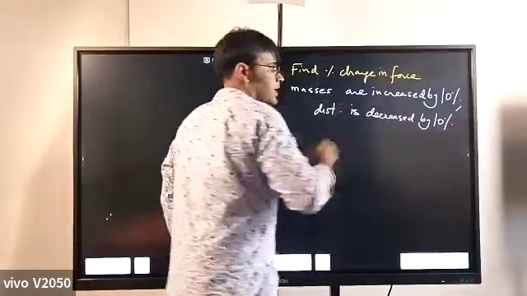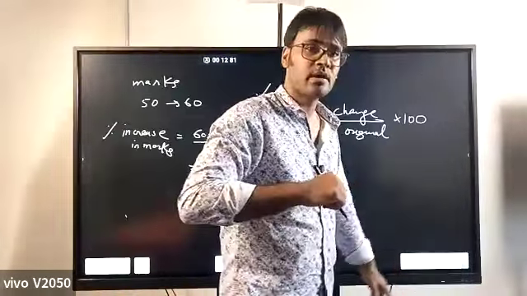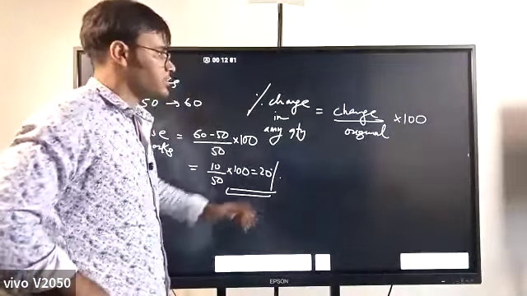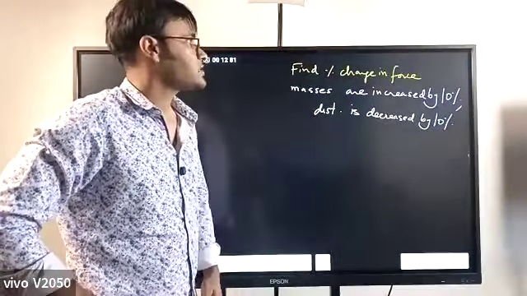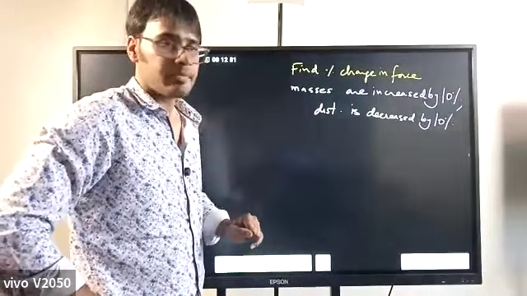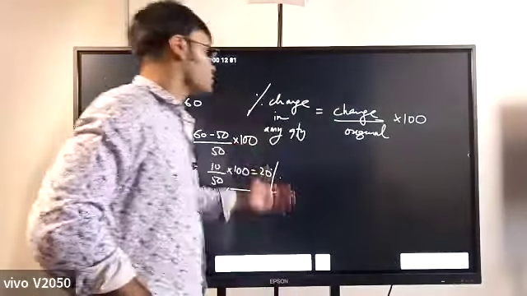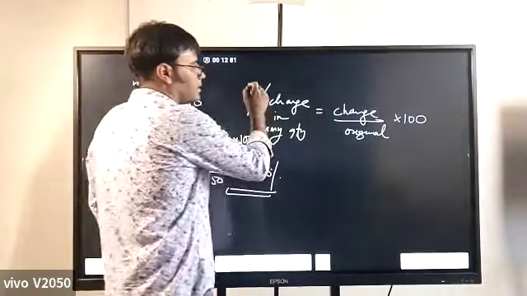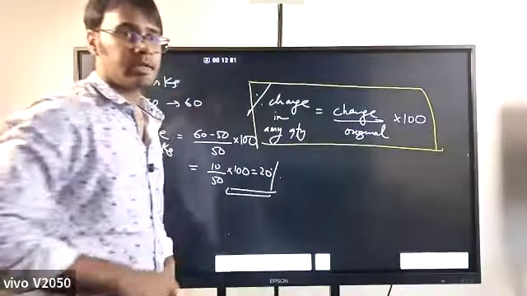Those who have understood, tell me the answer. Sai Sant and a couple of other students are asking me to repeat the calculation, so I will do. Masses are increased by 10% and distance is decreased by 10%. What is the percentage change in force? Those who are not clear, first of all, understand this is the basic percentage calculation for any change in any quantity.